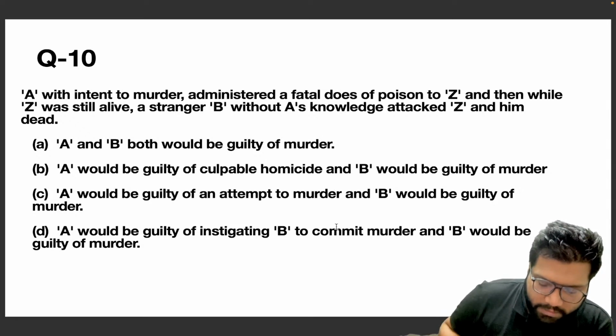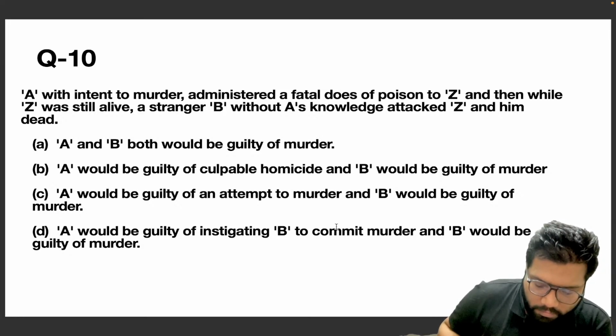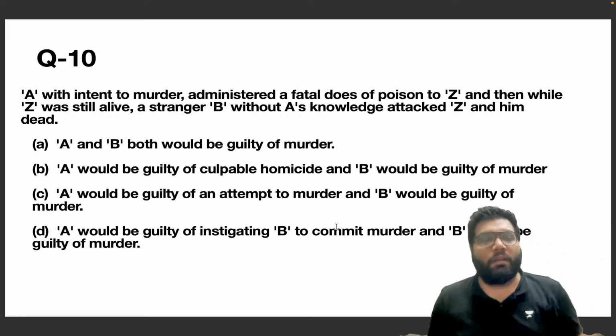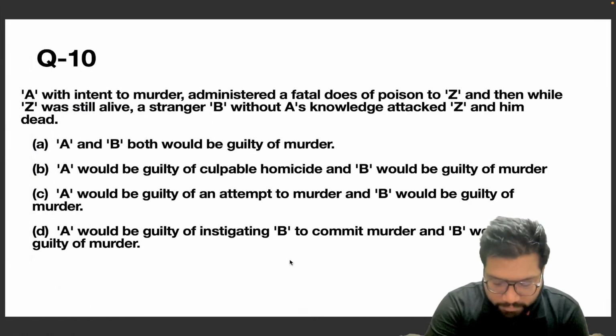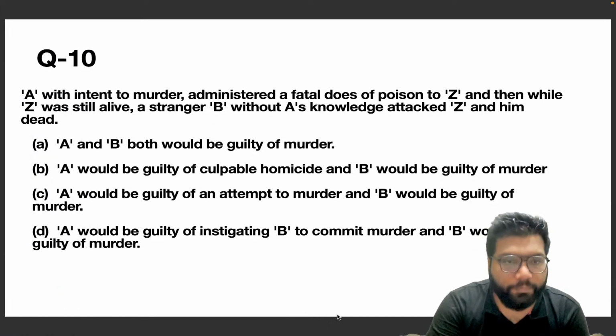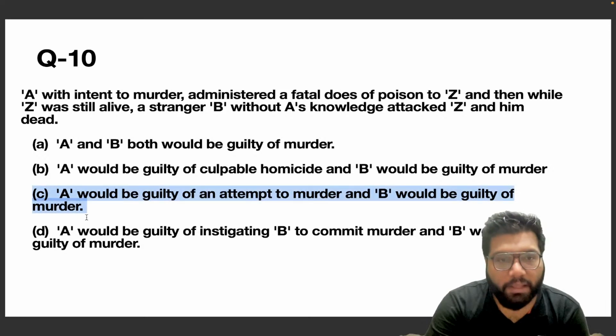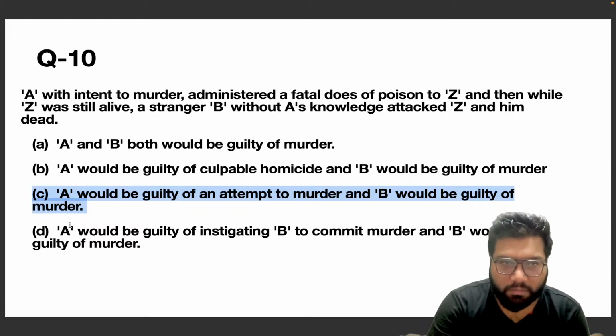Okay, Millie has answered B. Okay, fine. So students, here the correct answer is C. A would be guilty of an attempt to murder, and B would be guilty of murder.